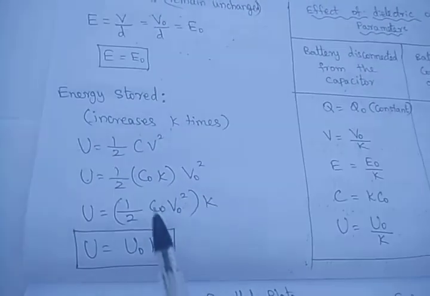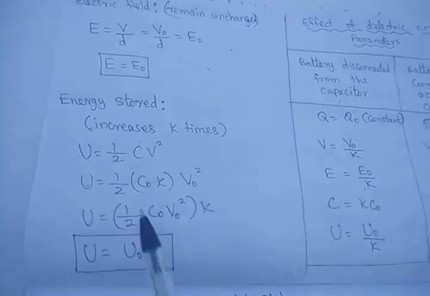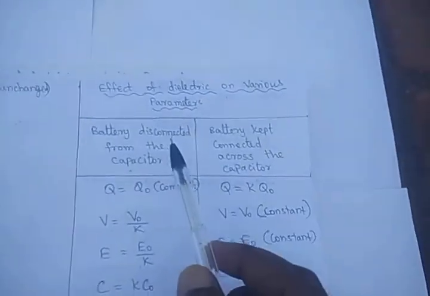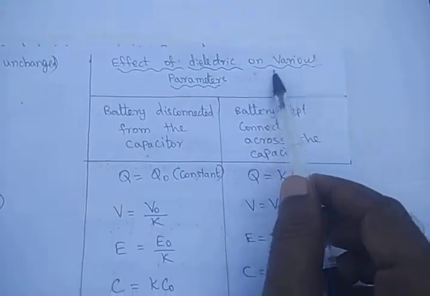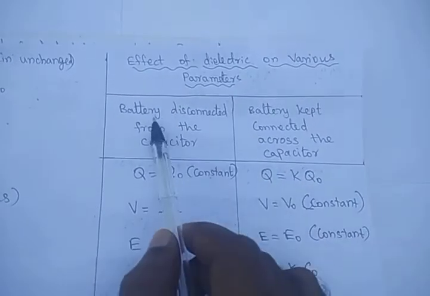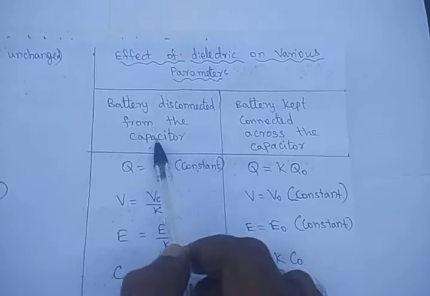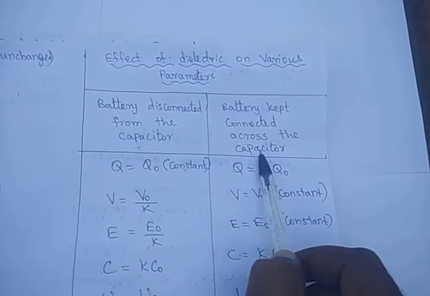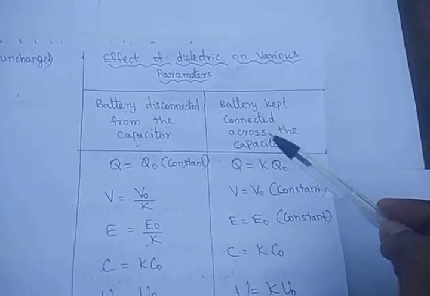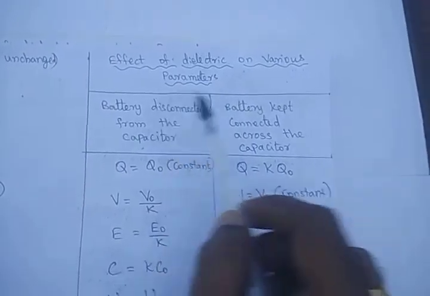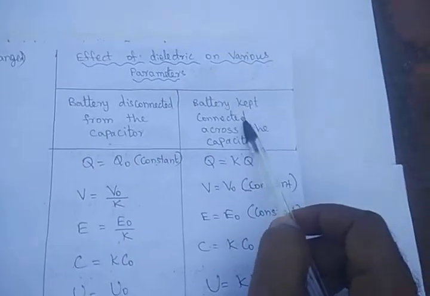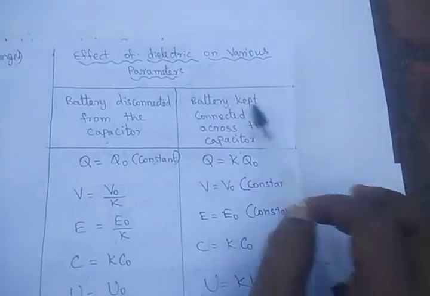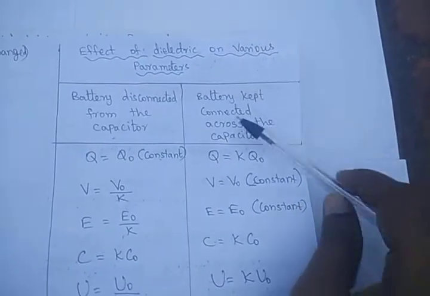So far in this session we have discussed the effect of dielectrics on various parameters when the battery is disconnected from the capacitor. Here the battery is kept connected across the capacitor. The dielectric slab is inserted, keeping the battery connected with the capacitor.